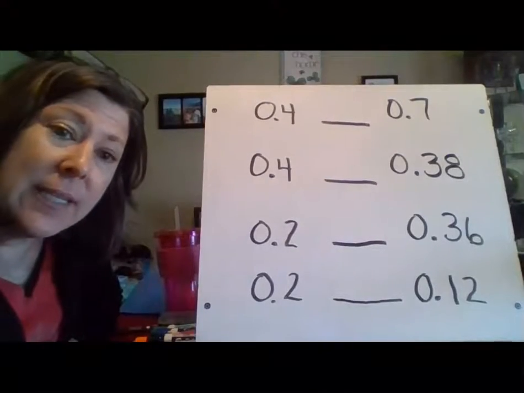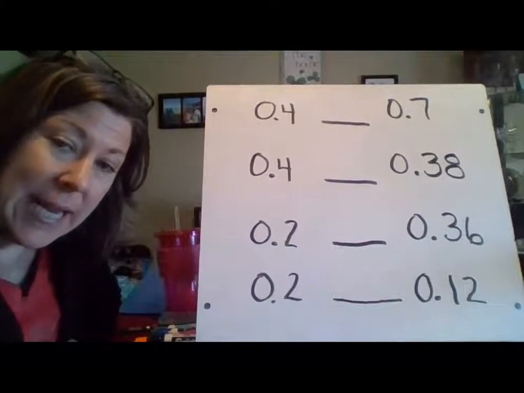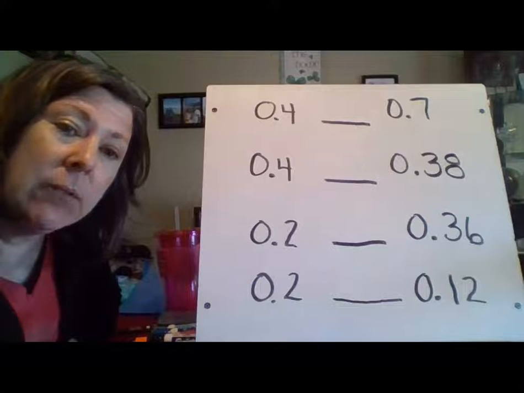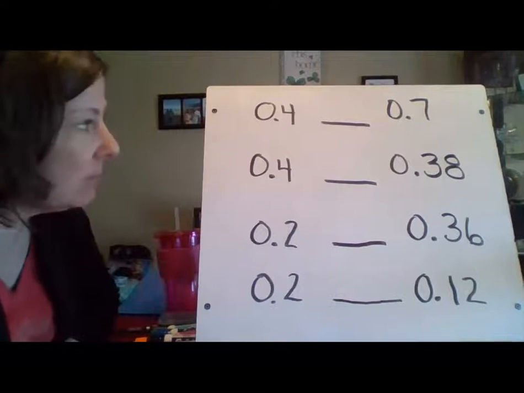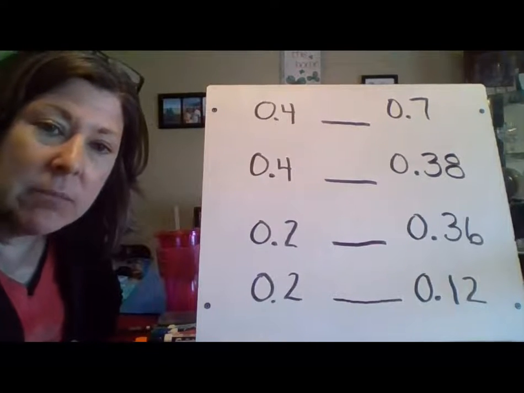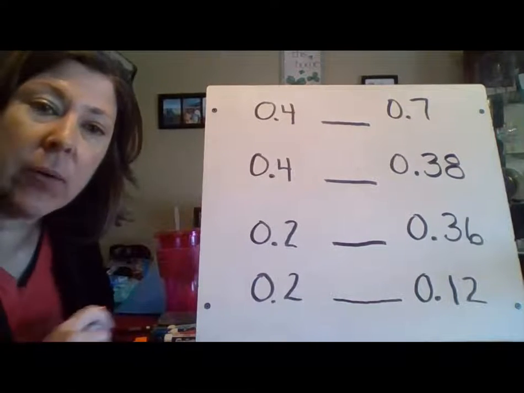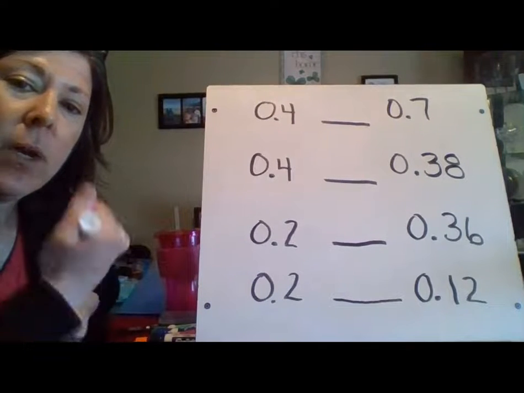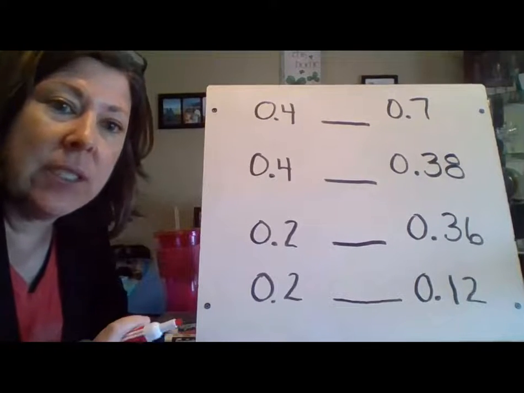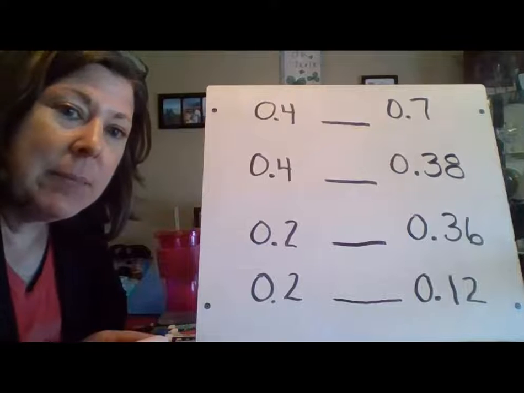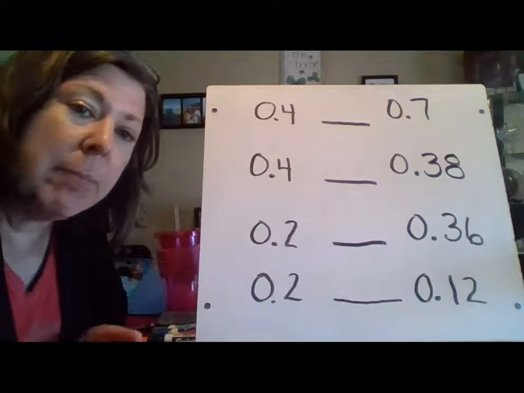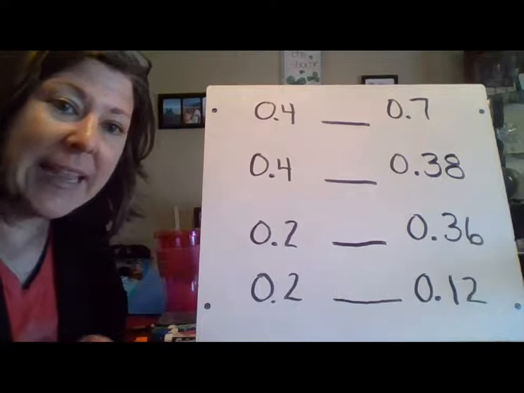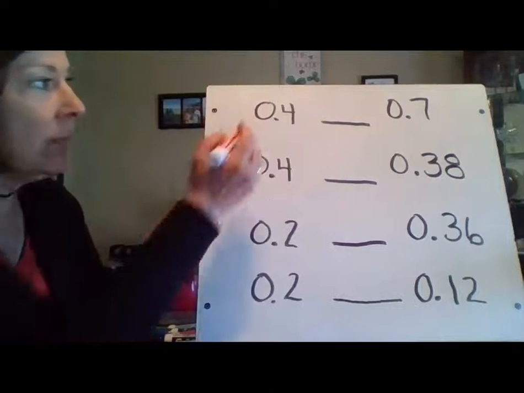All right, girls, so this is the last part of the lesson today, and then you will finish your problem set. So we're just going to compare some decimals using our greater than, less than, and equal to sign. The first one I have 4 tenths versus 7 tenths. Similar to fractions, I'm going to compare the whole number first and then the part.